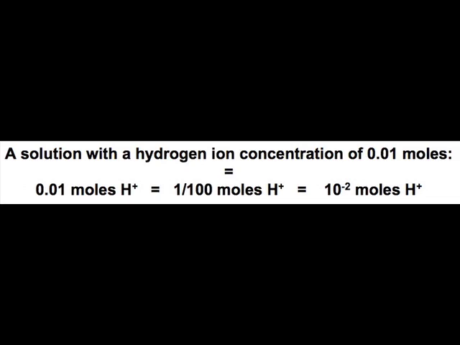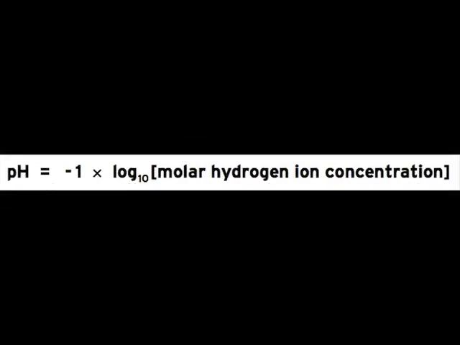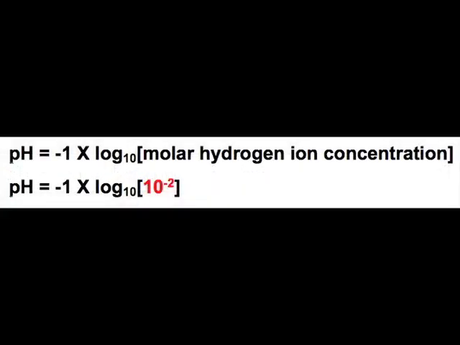It's the value of 10 to the minus 2 that you'll need to remember as we look again at the original equation. The original equation asks us what the molar hydrogen ion concentration of our solution is. And we now know that this number is 10 to the minus 2.